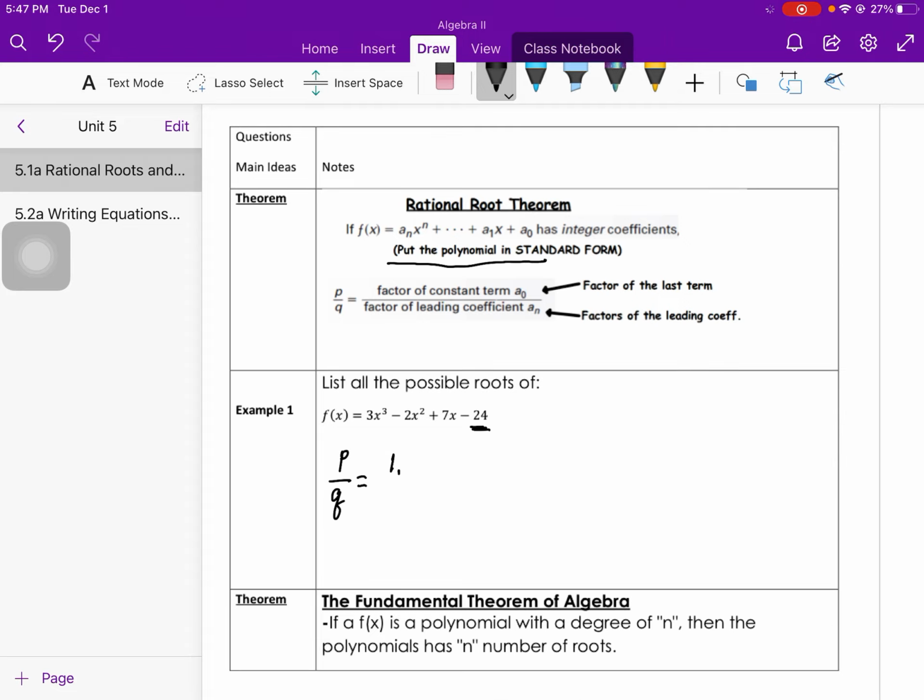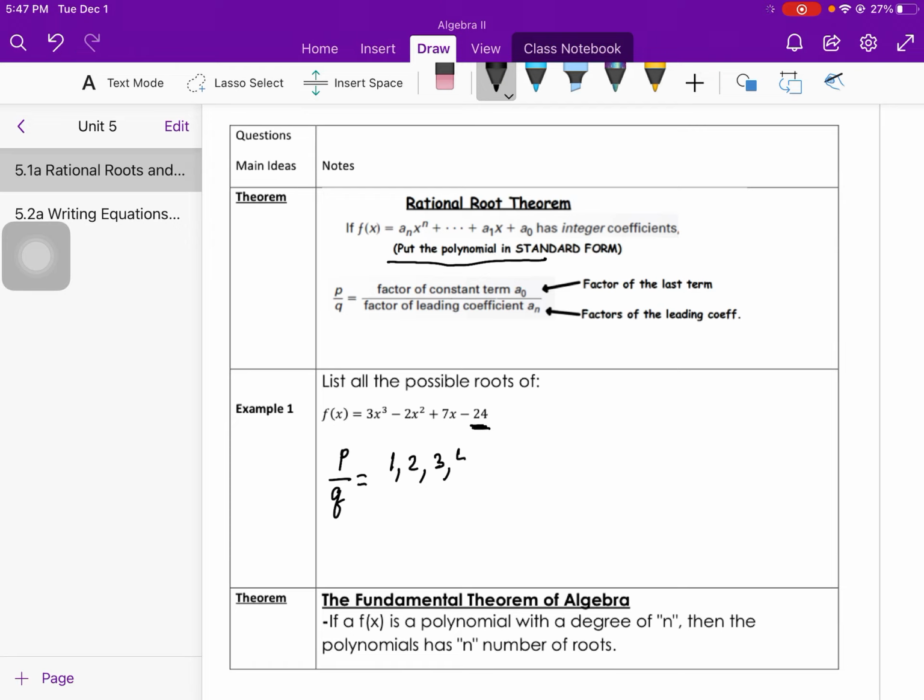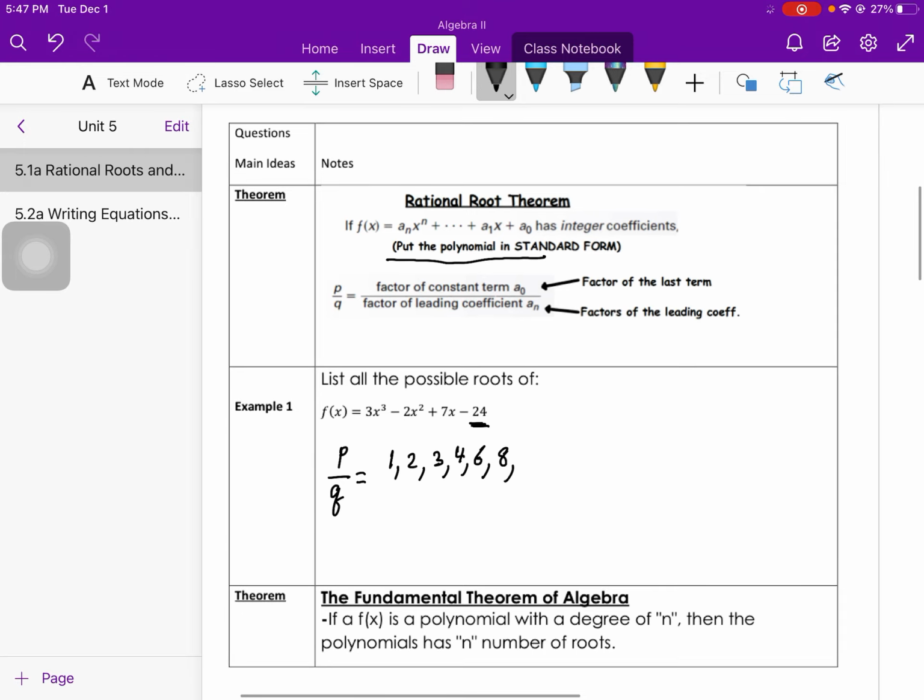We have 1, 2, 3, because those all divide into it. 4, 5 does not divide into 24. 6 divides into 24. 7 does not. 8 does. 9 does not. 10 does not. 11 does not. Then we get to 12. And then lastly, 24 itself. So that's 8 different factors that go into 24.